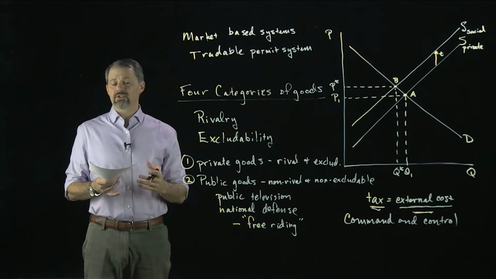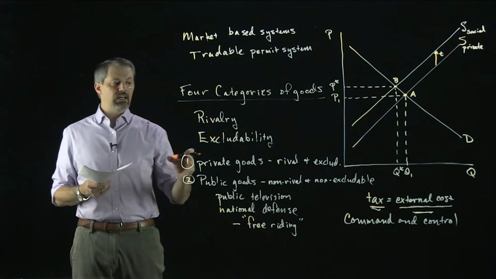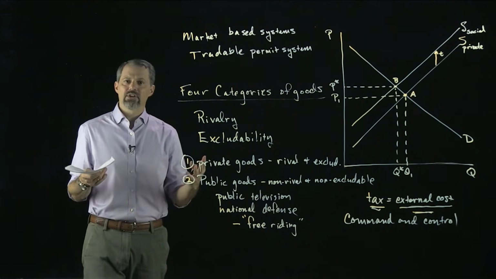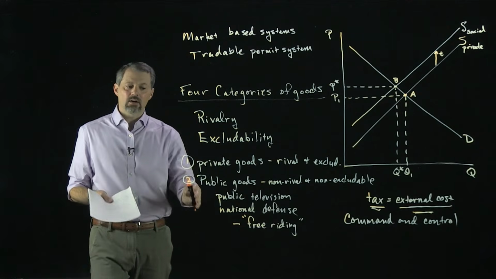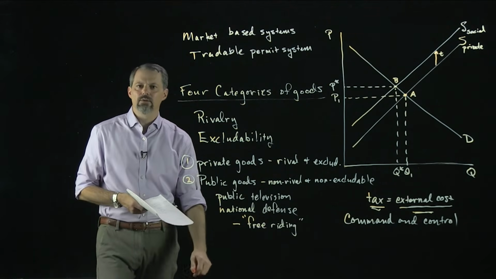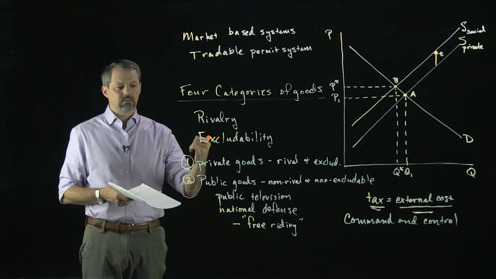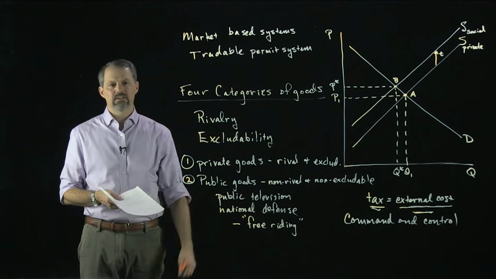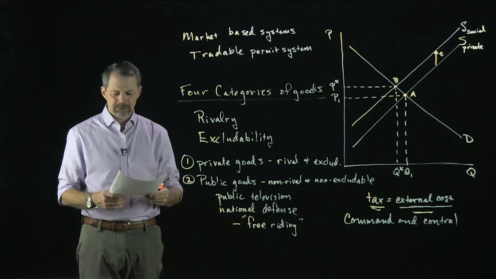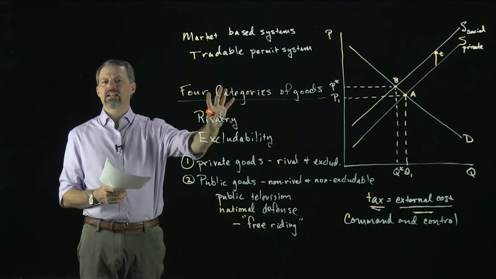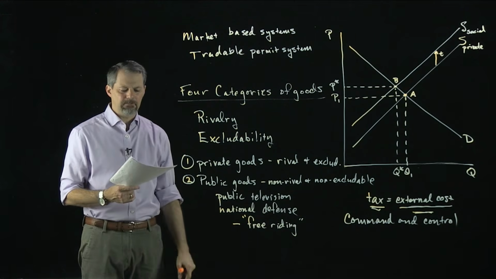You were taking advantage of the fact that you can consume it without paying. It's a very natural thing to do. And there are other situations where we tend to see that. And it's true for public radio, public television, national defense. And again, in a natural resource economics class, we would talk more about that.